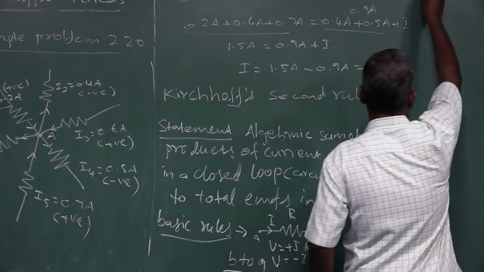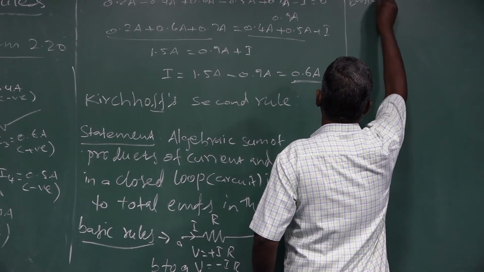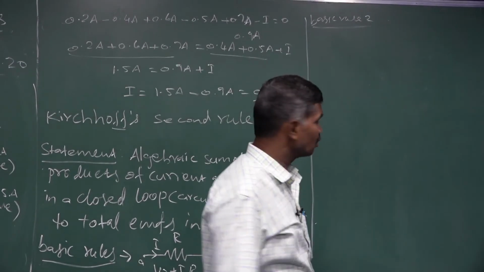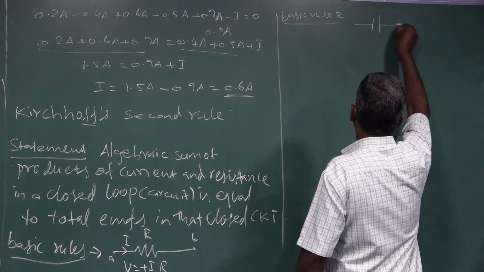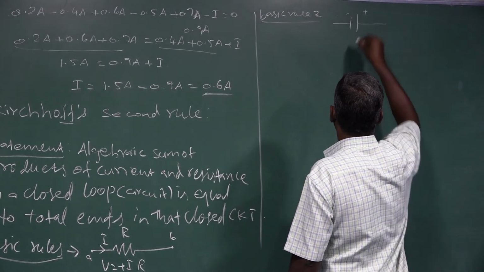Another basic rule we have, rule 2. For a cell we have a negative polarity and a positive polarity.